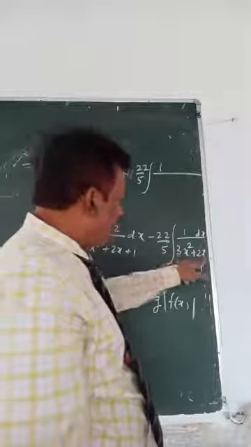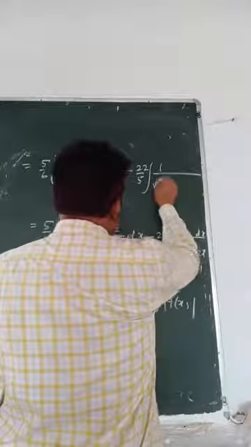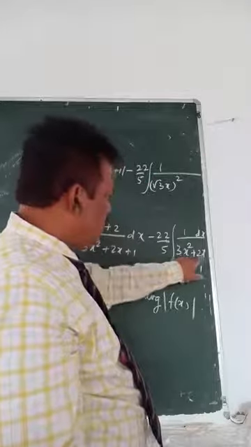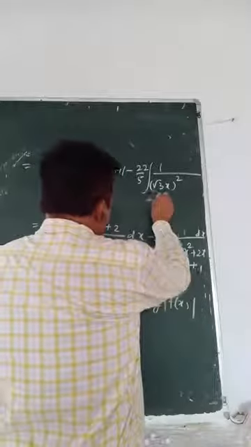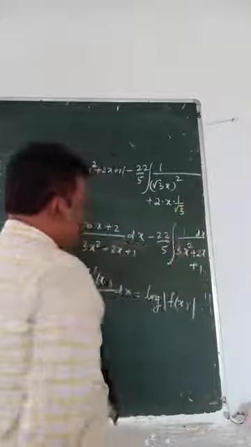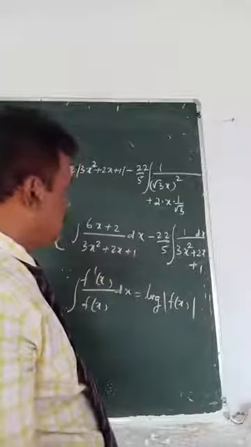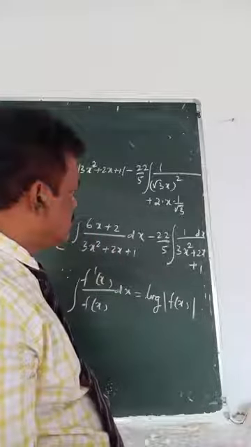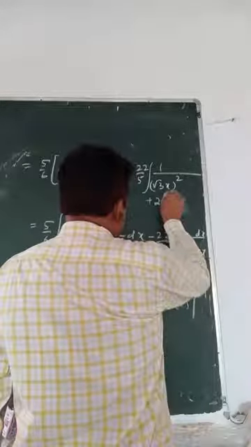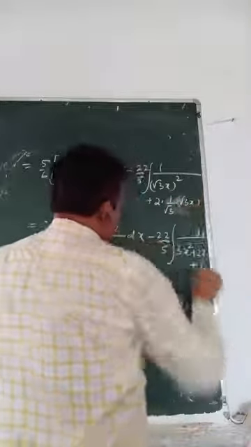Look at here. You write completing the square. This is root 3x whole square. 2x you are writing as 2 into x into 1 by root 3, into root 3x. Check it.